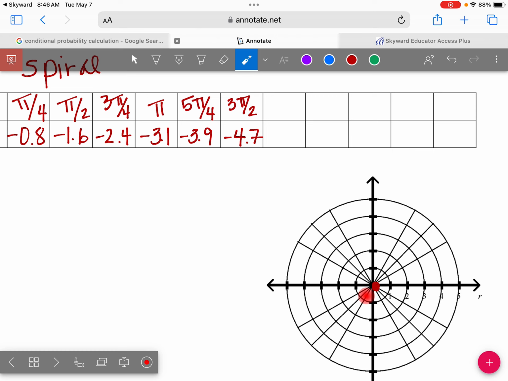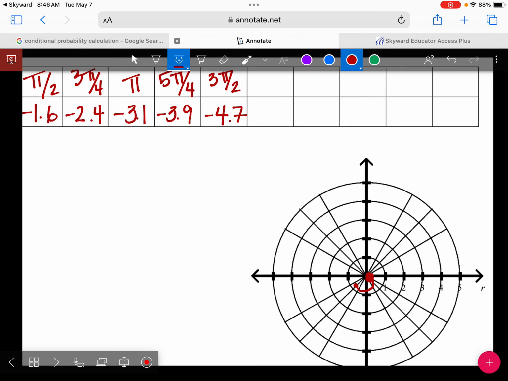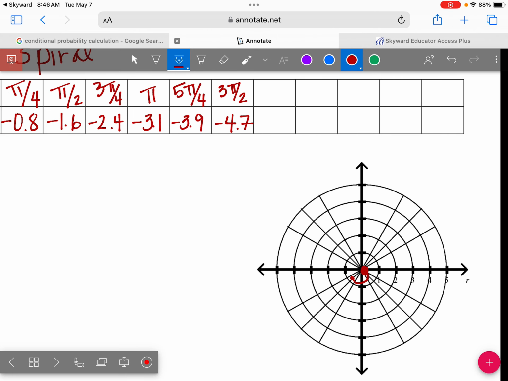It's going to land right almost at the 1, but not quite. So I'm going this way, my spiral. And then my next one, pi over 2. Oh, wait a minute. Am I going that way? Oh, yeah, I'm going that way.